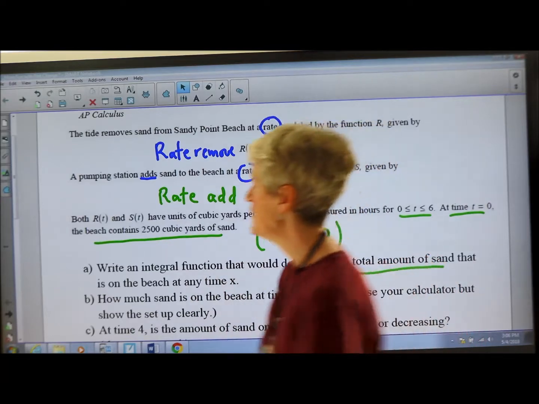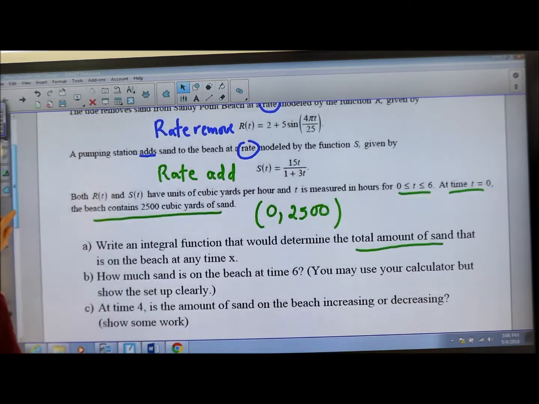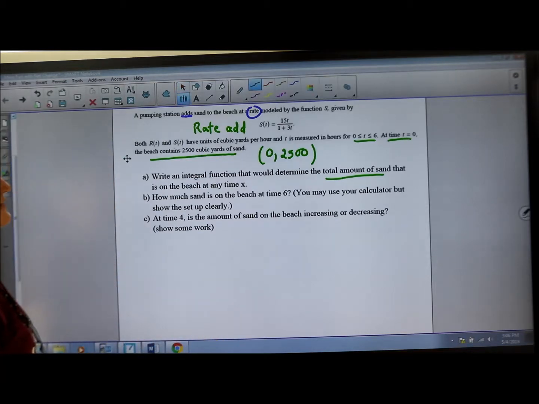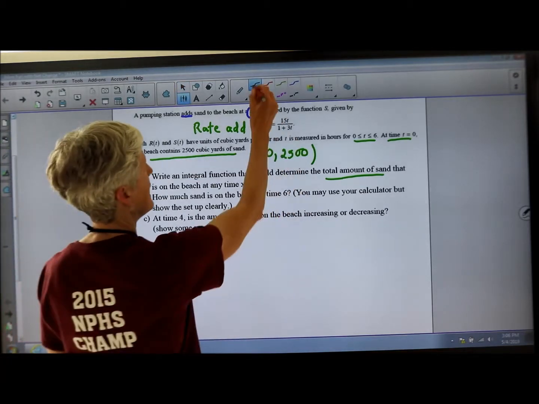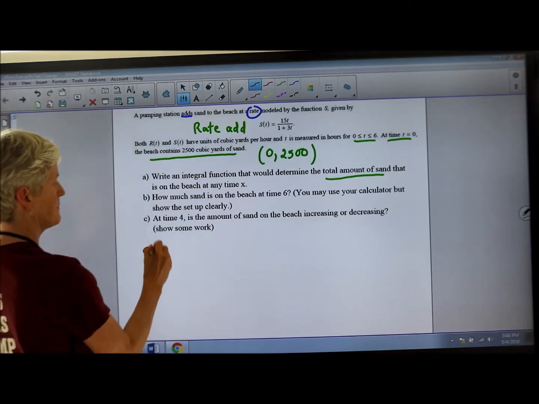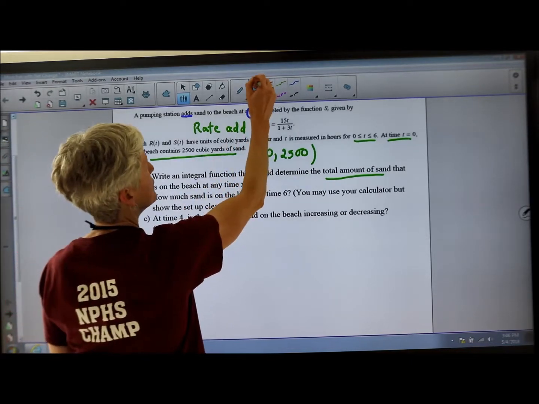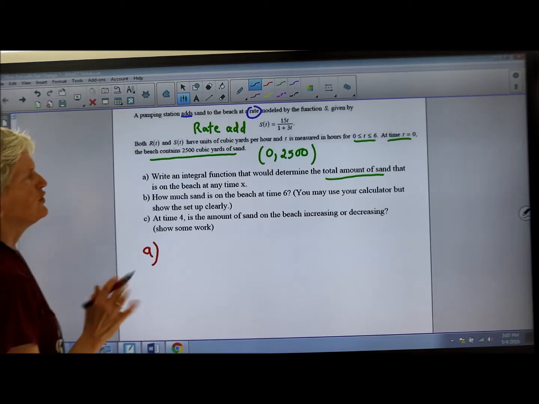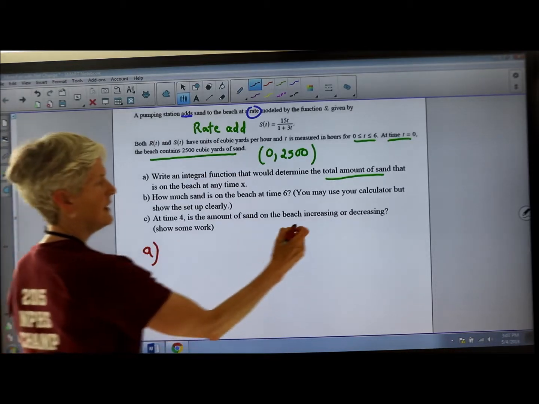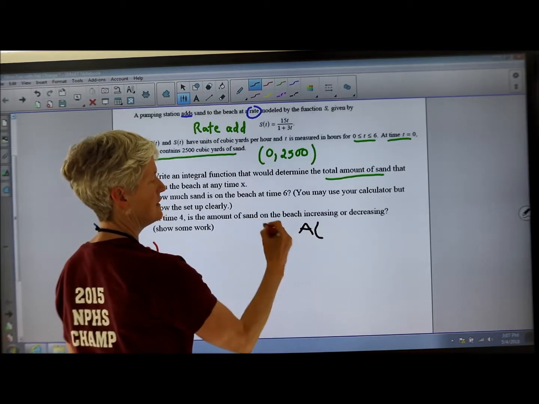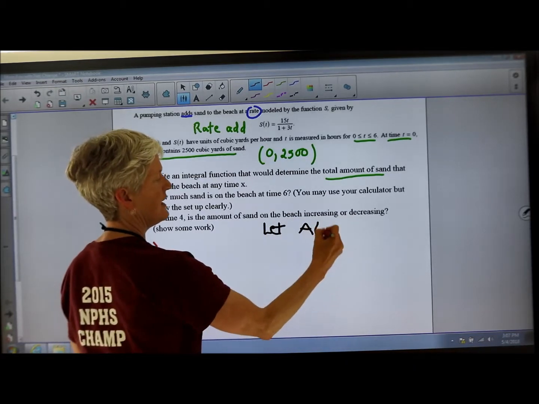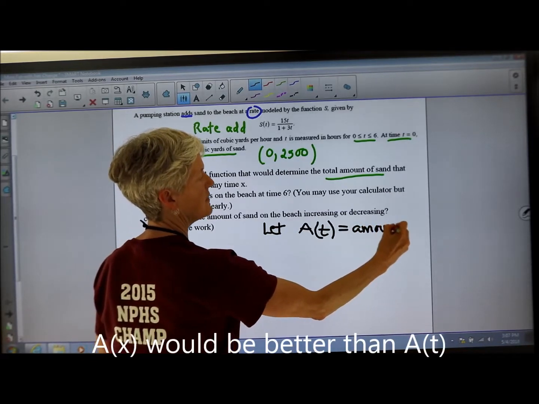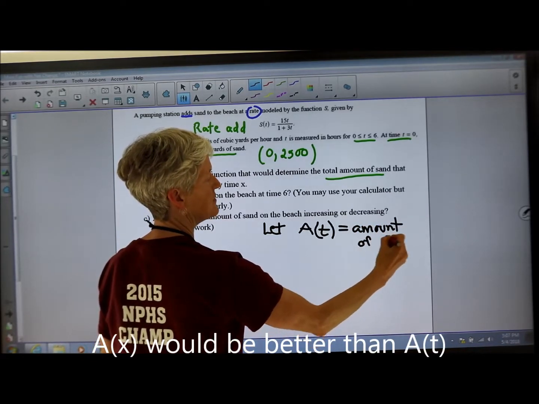Are you with me? So let's go ahead and do A here. Write an integral function that would determine the total amount of sand that is on the beach at any time x. Okay, so the amount of sand. Let's just define A of t. Let A of t equal the amount of sand at time t.